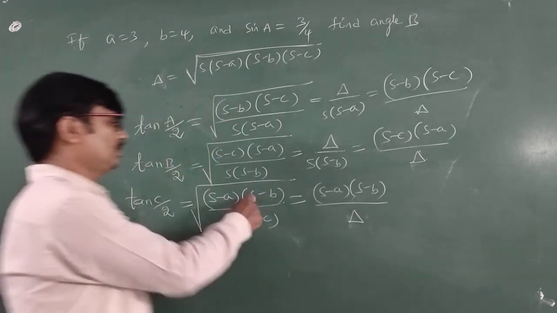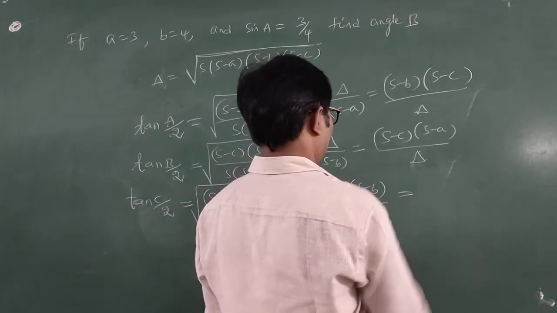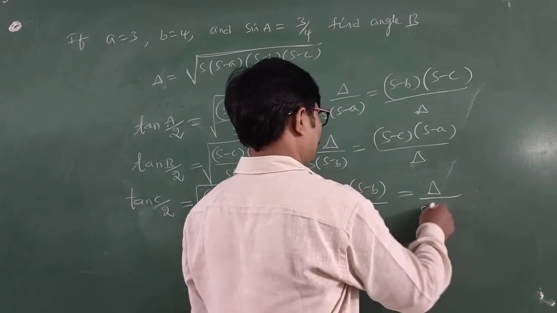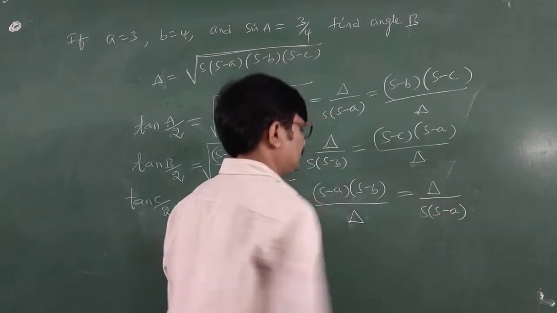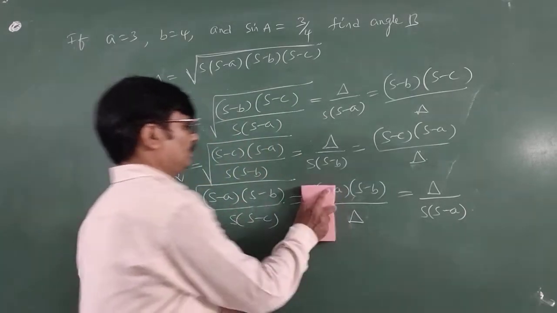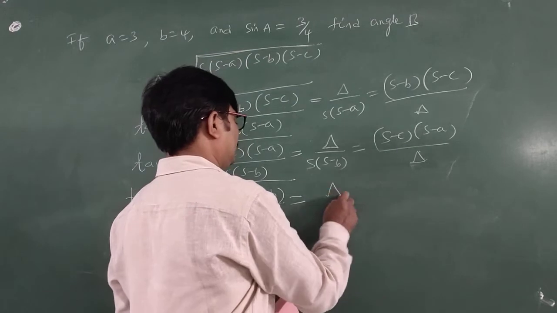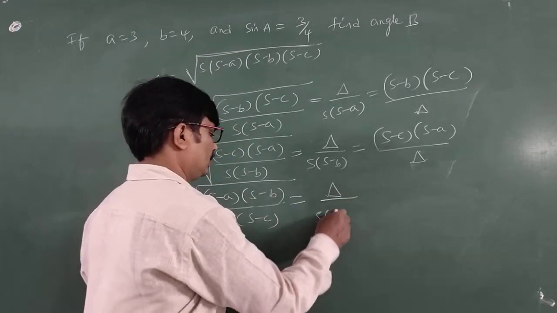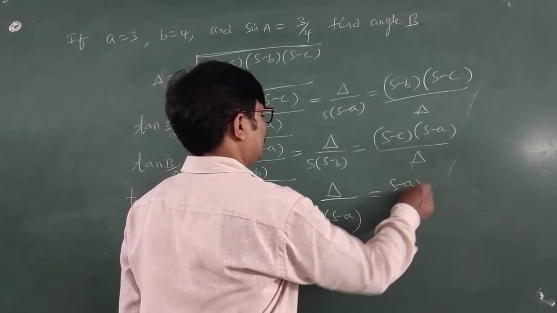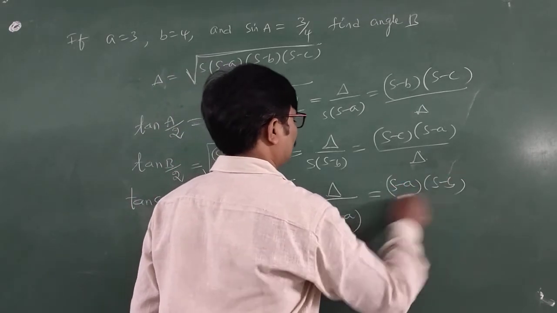After that, when we take the delta in the numerator, then it will come S into S minus C. When we take the delta in the numerator, remove the root in the denominator. So this is S minus A into S minus B by delta.